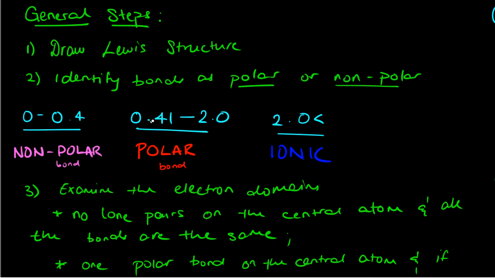If it's between 0.41 and 2.0, it's a polar bond, and if it's more than 2.0, it's ionic. For our purposes, we don't really have to worry about ionic when determining if a molecule is polar or nonpolar, so you can forget about that. This is all we need to know, right here.